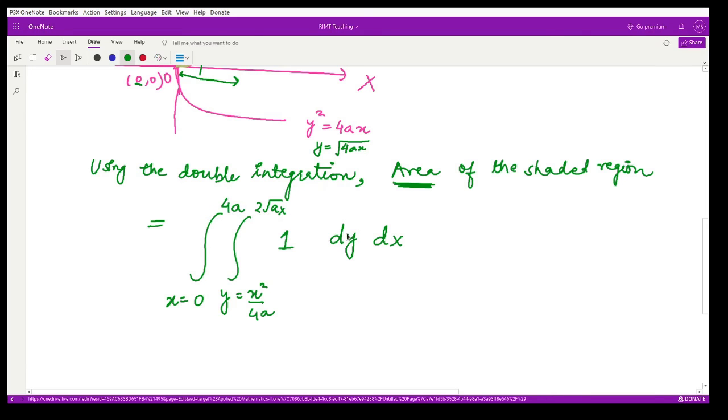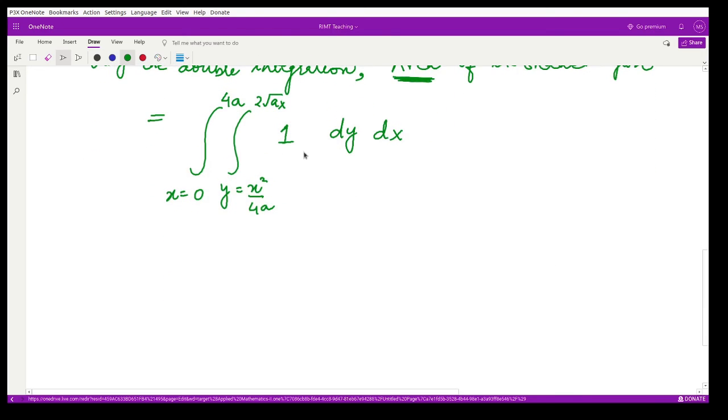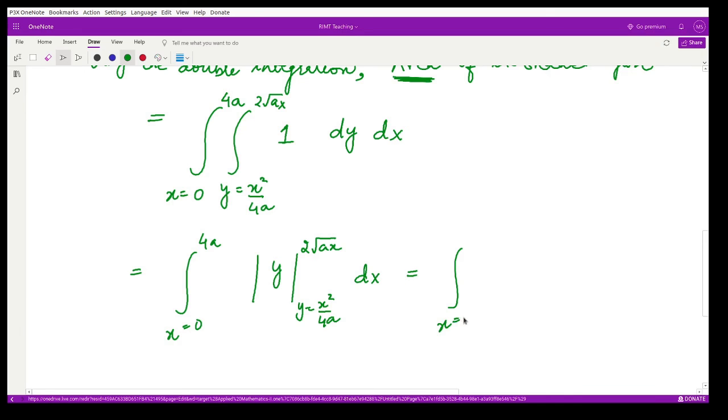Now the next task is to integrate. Integration is very simple. The integration of 1 is y. So when you substitute the limits for y, the lower limit is x square by 4a and the upper limit is 2 square root ax, and here the integration is from 0 to 4a with respect to dx. First of all, we substitute the limits, so it would be 2 square root ax minus x square by 4a into dx.